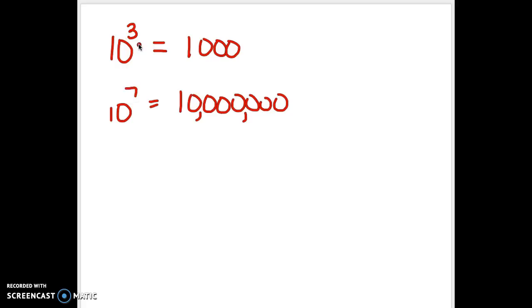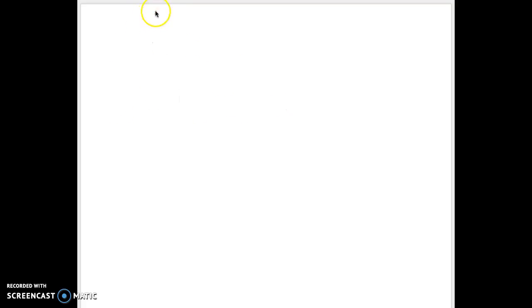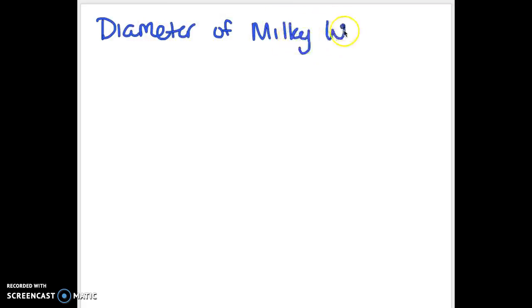Okay, so for instance, I looked this up, and they say that the diameter of our Milky Way galaxy, so the distance across it, is actually 10 to the 21st power.